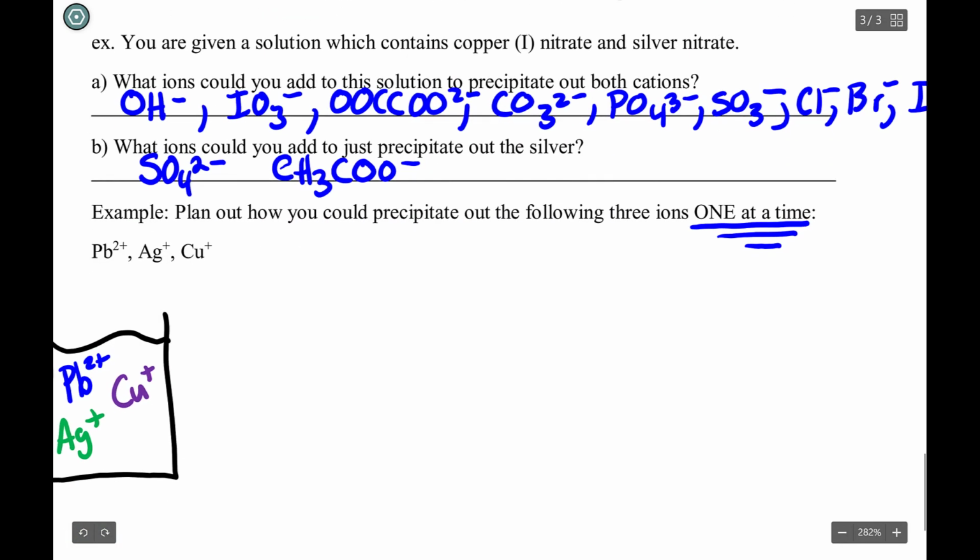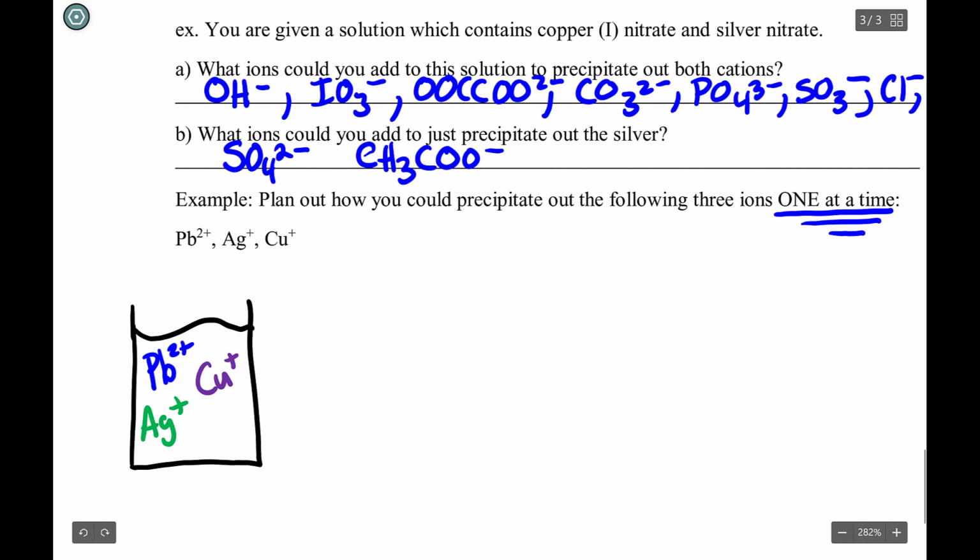So let's go back down to the bottom here. I would make a beaker containing a solution, and I should make it a bit bigger. I would add a solution which contained sodium acetate. The sodium is just there because I need a cation, but I'm really more interested in the acetate.